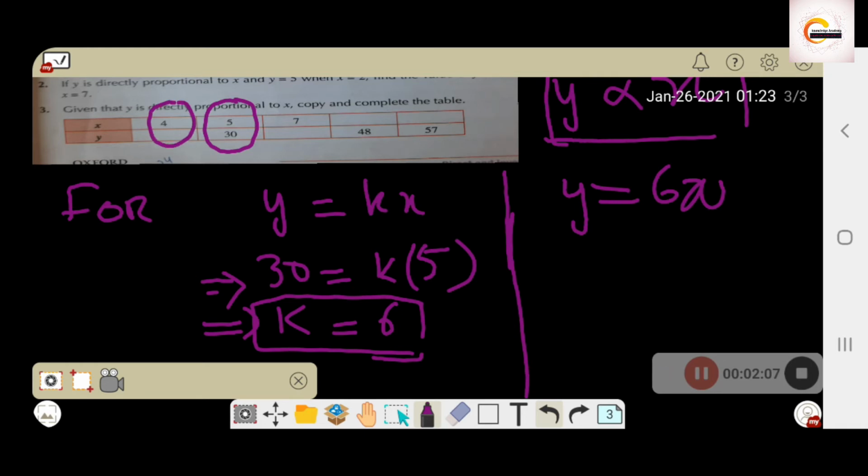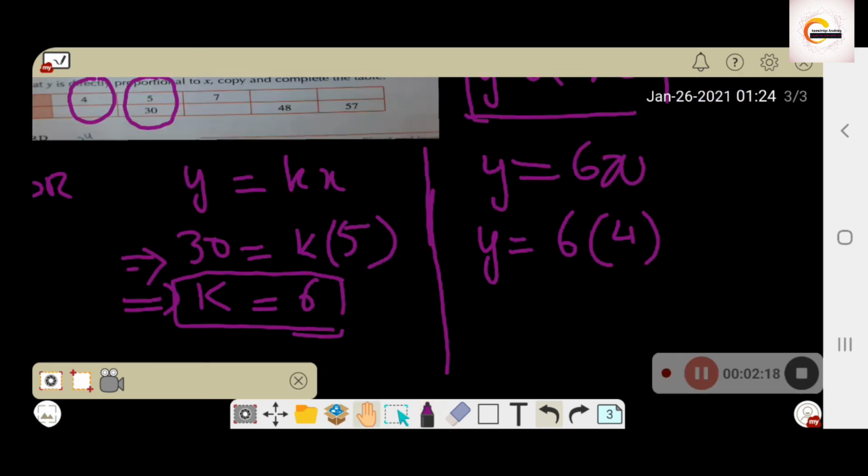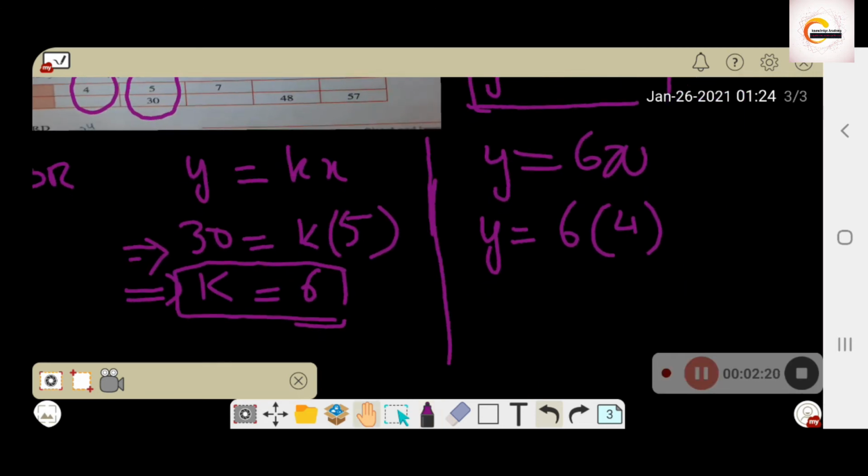First case, and when the value of x is 4, y is equal to 24.